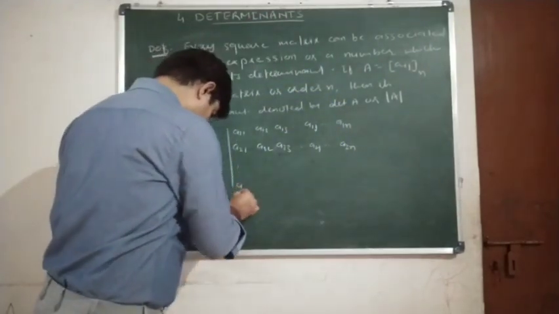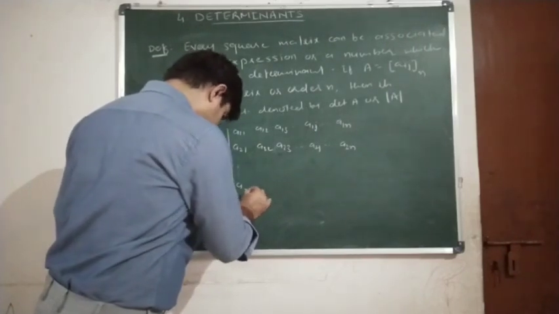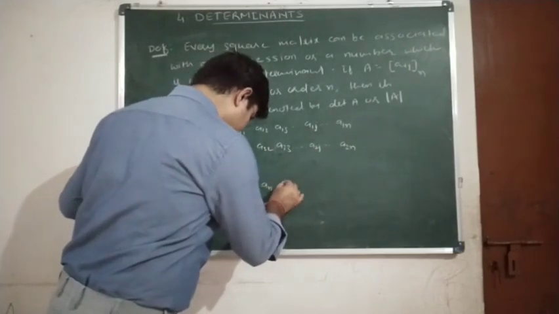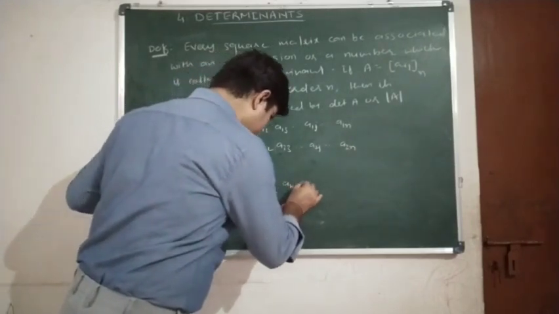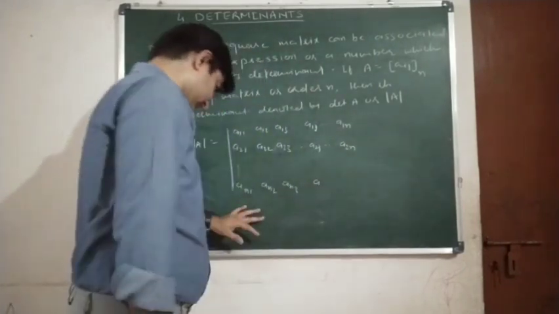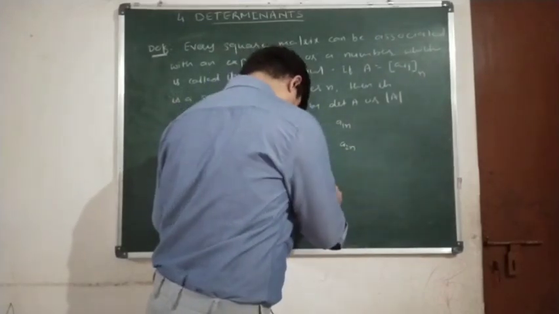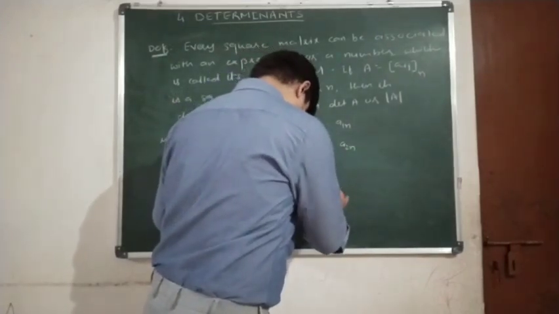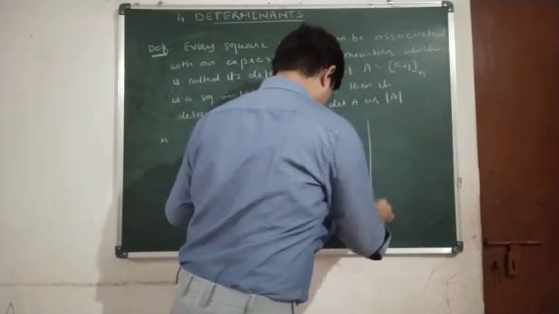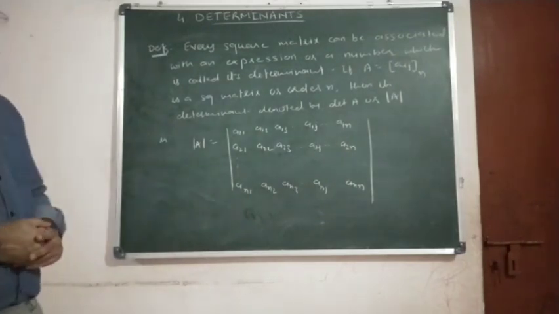We go on. We will get An1, An2, An3, Anj, and Ann. Okay, so this is the determinant of matrix A of order n. Clear?